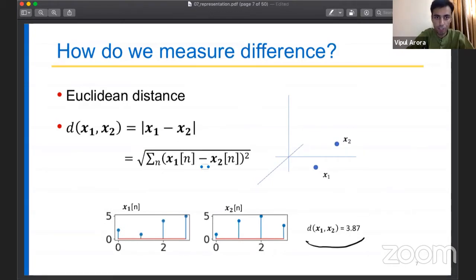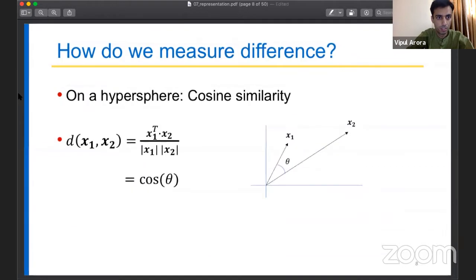And then you can have other kinds of metrics also. You can have a cosine similarity, where you have two vectors that need to be length normalized, so that they are unit length: x1 upon norm of x1, x2 upon norm of x2.